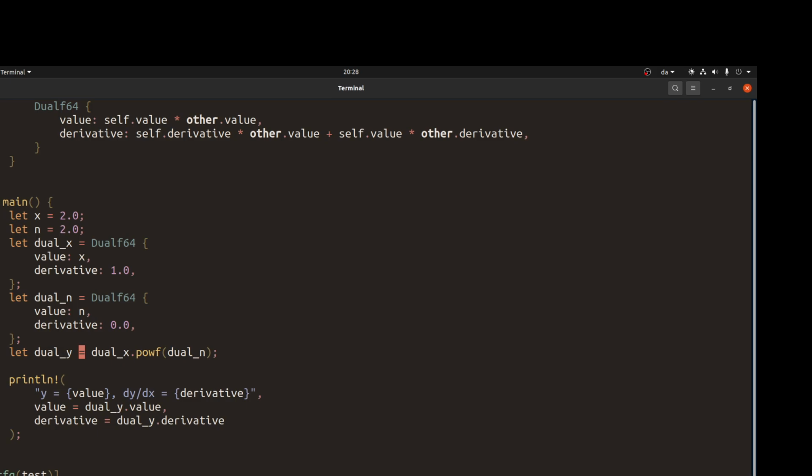Forward mode has the property that it's very easy to calculate many output values and their derivatives with respect to a single input value. Basically the one that you set to 1 in the beginning of the calculation.